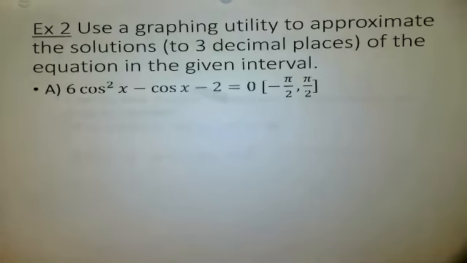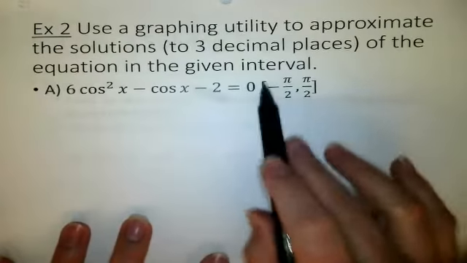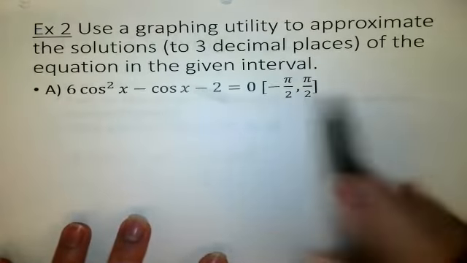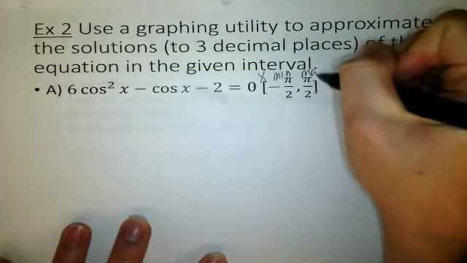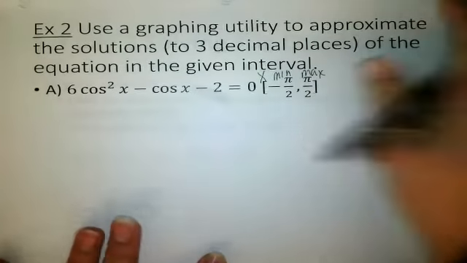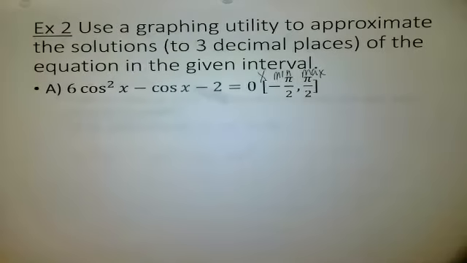So again, they're giving us an interval here. This is the interval going from negative pi over 2 to pi over 2. And again, this is just the x min and x max value that we're going to restrict our window to on our calculator. So it's kind of nice when they give us an interval. Makes our job easier.